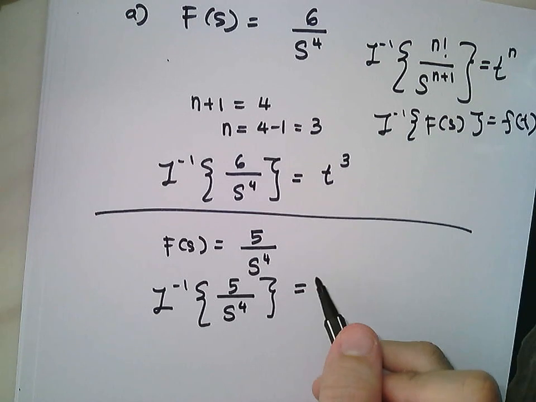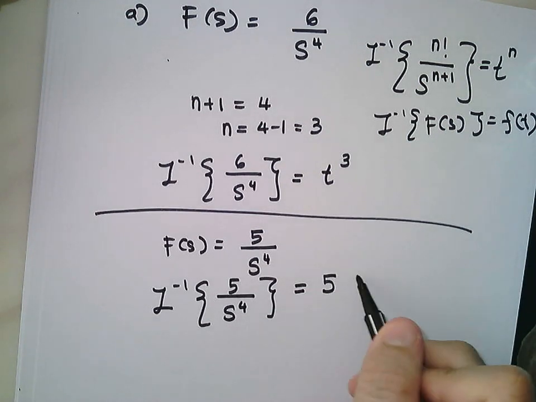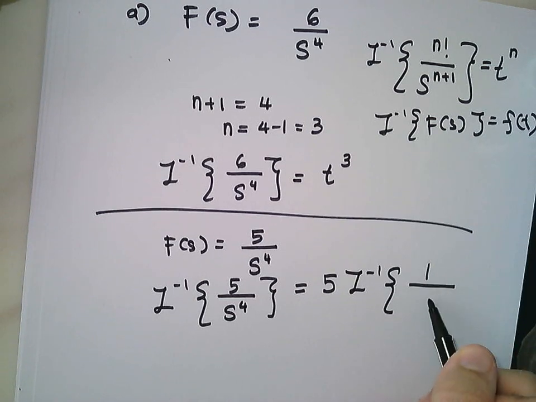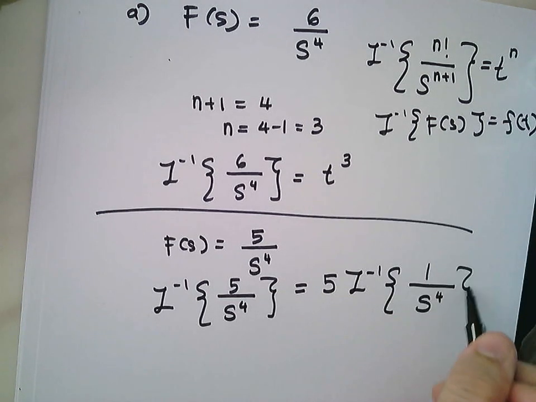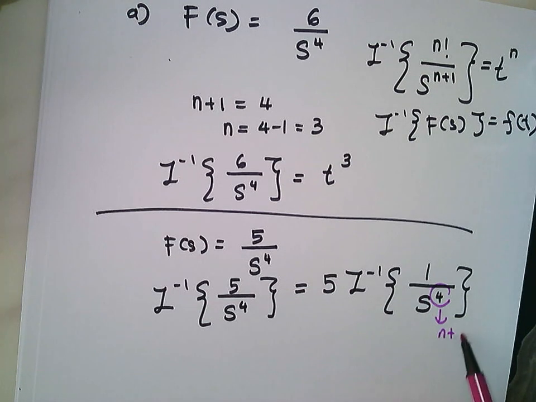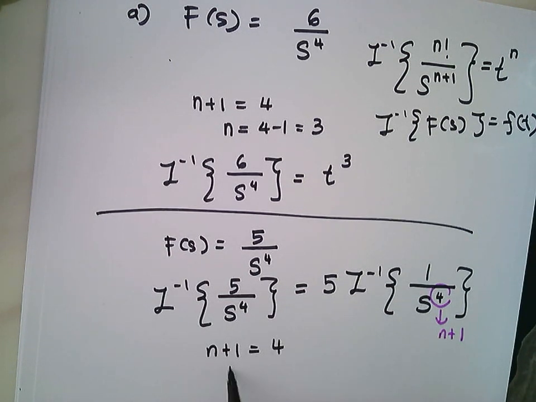So factorize the constant: 5 times the Laplace inverse of 1 over s to the power of 4. Now this is your n plus 1, so n plus 1 is equal to 4, and you know that your n is equal to 3.